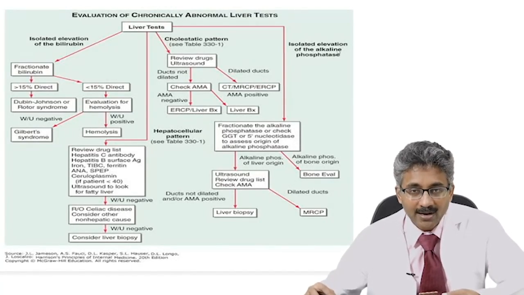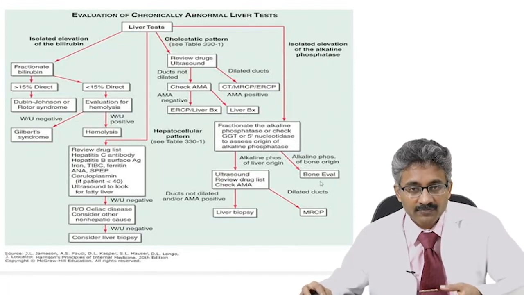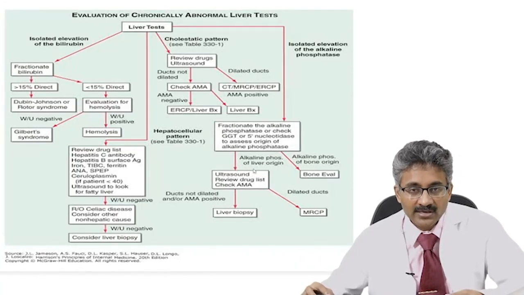If only alkaline phosphatase is elevated, an isolated elevation, then if GGT and 5-nucleotidase are also elevated, the elevated alkaline phosphatase is due to the liver; otherwise it is from bone. If only alkaline phosphatase is elevated without GGT and 5-nucleotidase, it is bone.